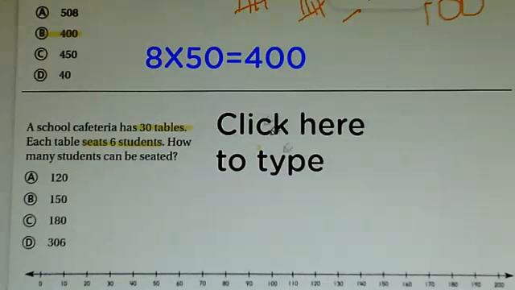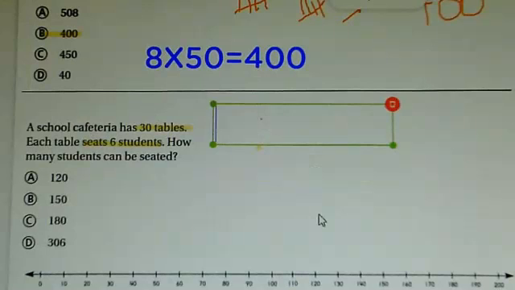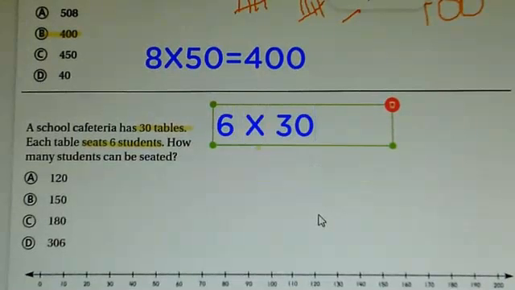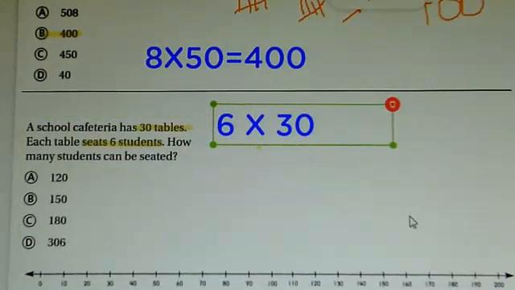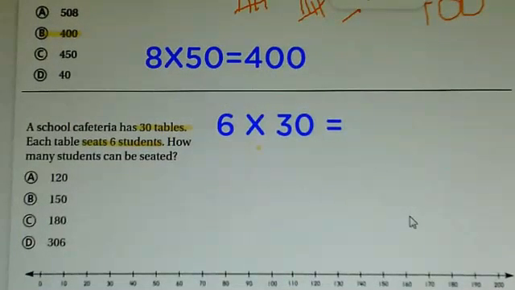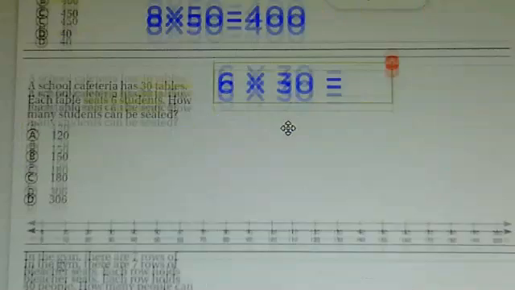Here we go. So I know that I need to do 6 times 30 to know how many students can be seated. I'm using a number line. That's the same as saying 6 groups of 30.